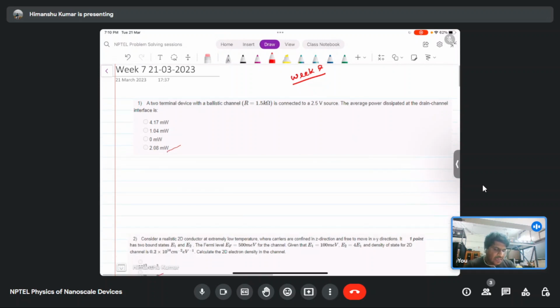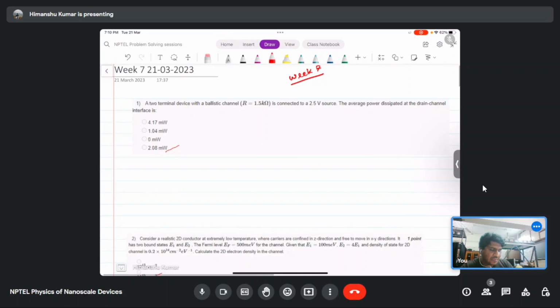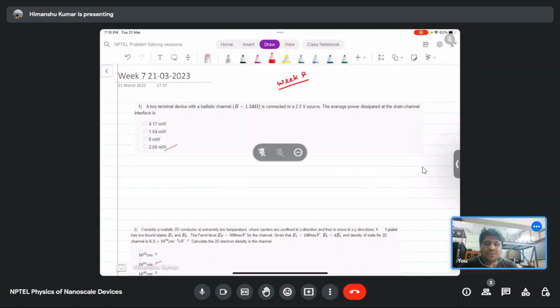If you have any doubt or any confusion in between, then you can ask at that time. And you can raise your hand, or you can just turn on your mic and start speaking. As we don't have many students, it will not be a problem if you just turn on your mic and start asking questions.